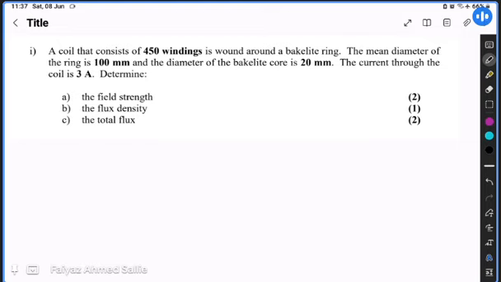So to not waste any more time, let's start with the first question that we have here. The question says, a coil that consists of 450 windings. If you remember from our last physical tutorial session, we had to draw coils and windings around them.